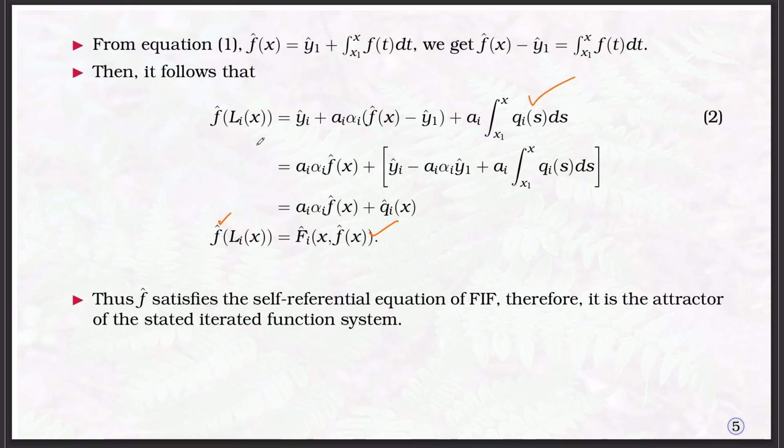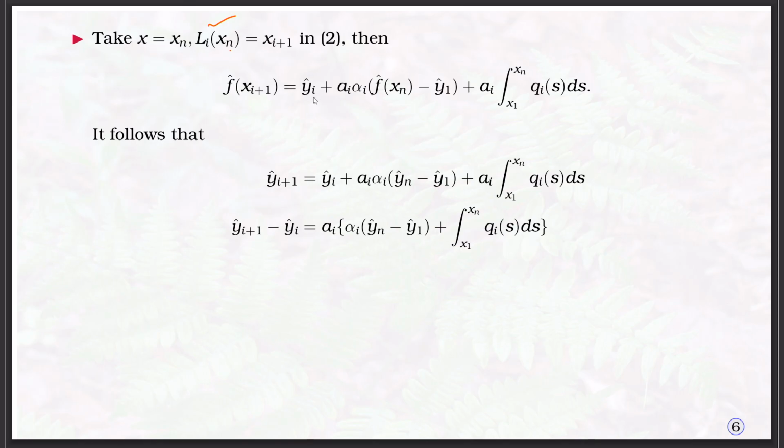Here you can check from this equation, you can get f cap of xn minus y1 cap plus ai integral x1 to xn qi of s ds. It follows that this equals yi plus 1 cap.